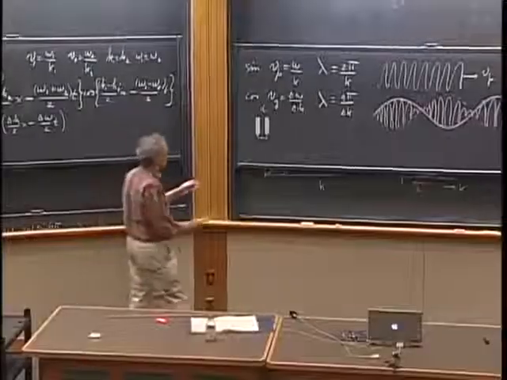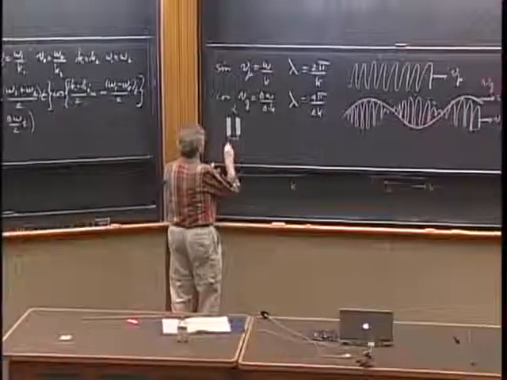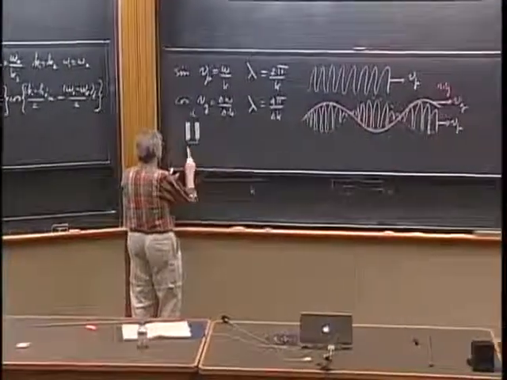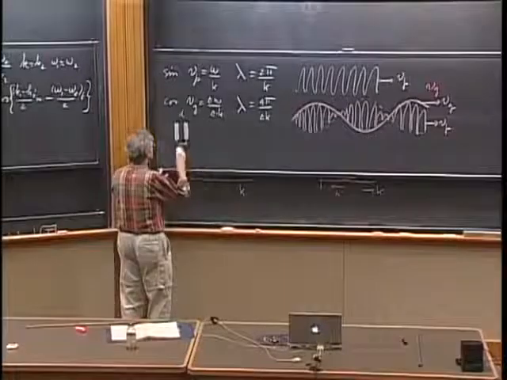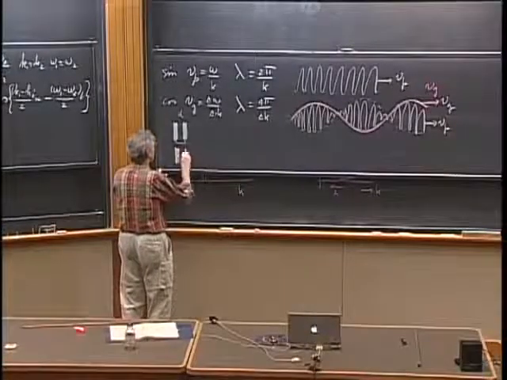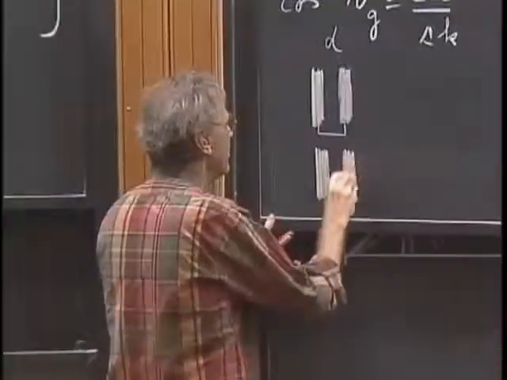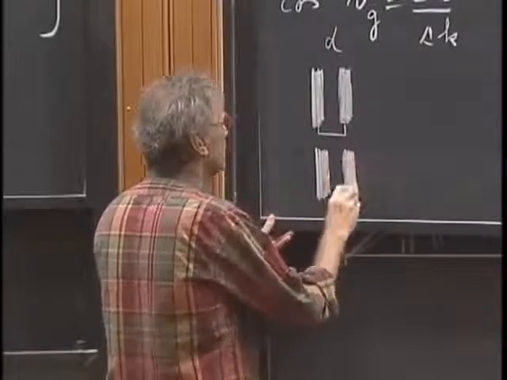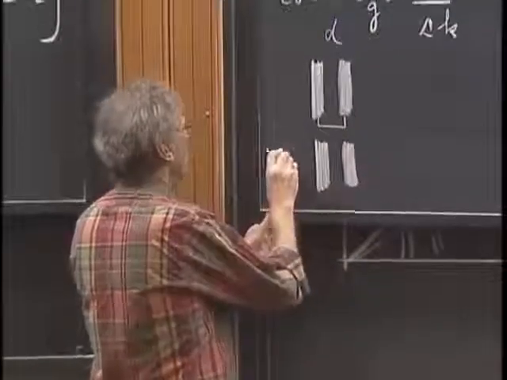And I have another transparency, which has bars which are 5% thicker, and also the opening between them is 5% larger. So here we have 1.05 D.